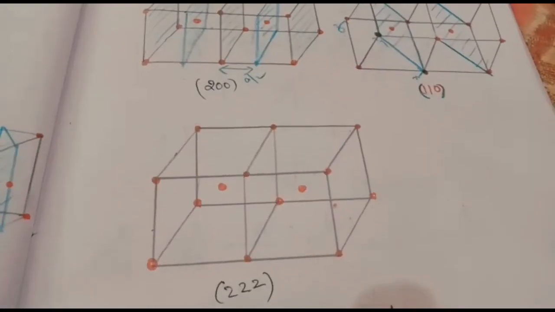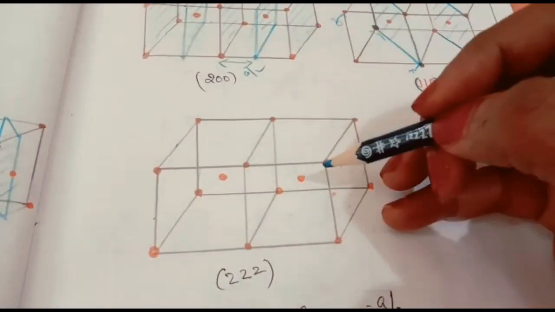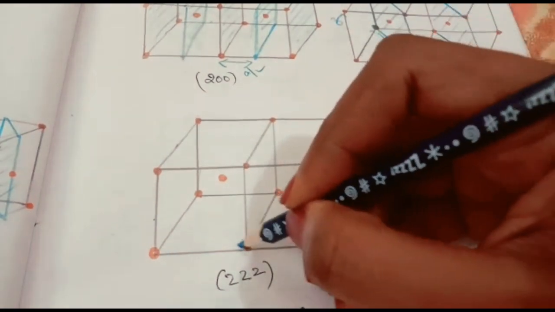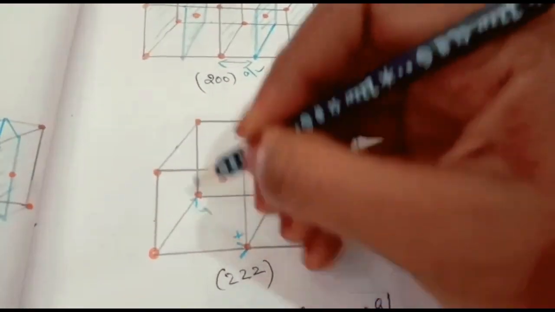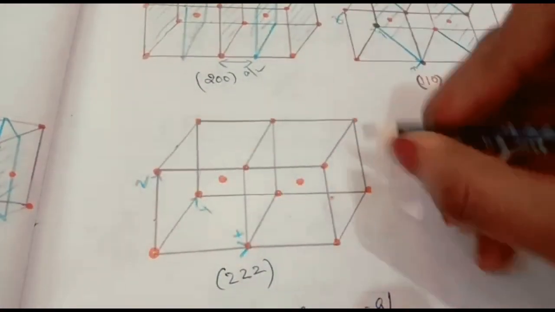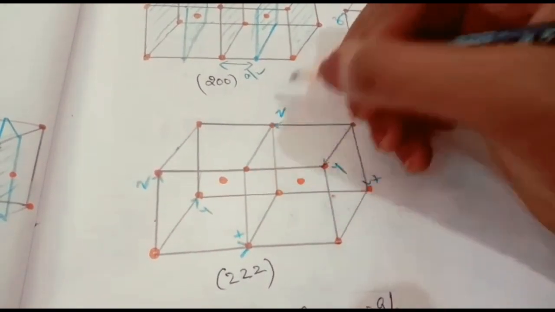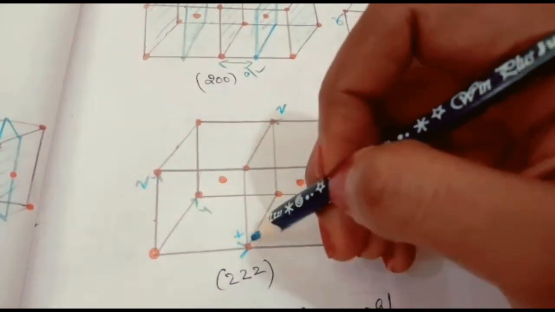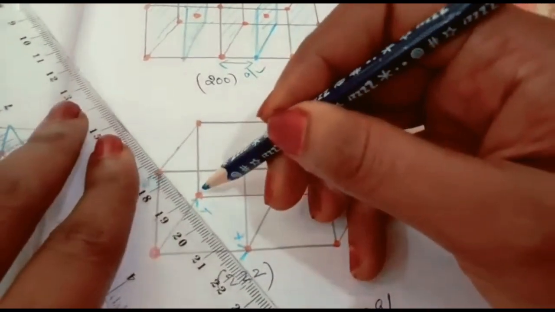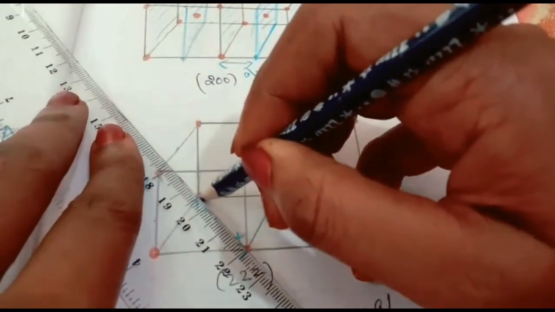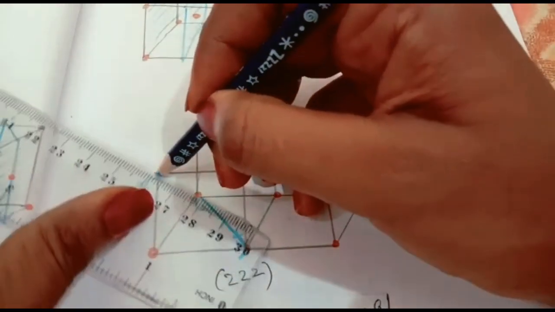So now we will draw the 1, 1, 1 plane of the body centered cube. For the body centered cube, this is x, this is y, and this is z. Here also x, y, and z. So 1, 1, 1 means that it should pass through x, y, and z. So how will we draw? First we will draw here, same like the simple cube.